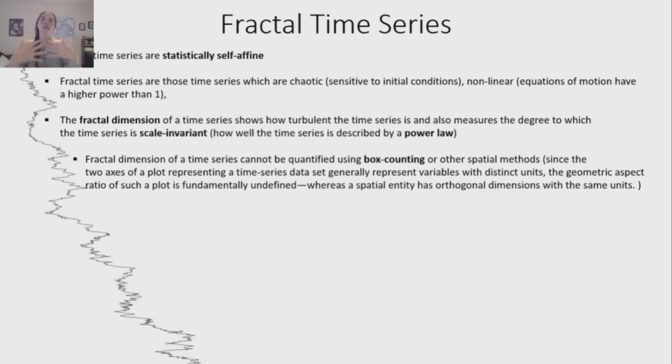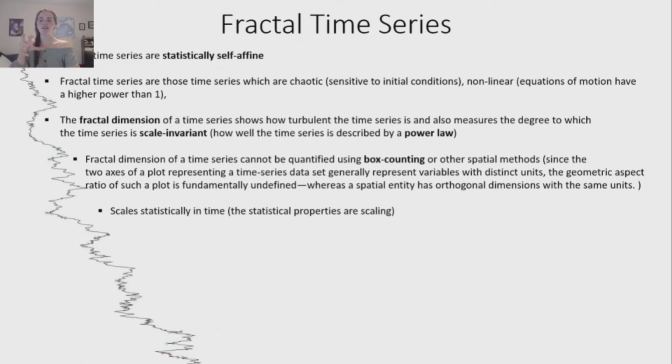So again, we're looking at that zooming, that scaling property of the time series. It's just that with regular fractals, the two axes scale the same way, and with time series, one of the axes is going to scale differently than the other. So it scales statistically in time.